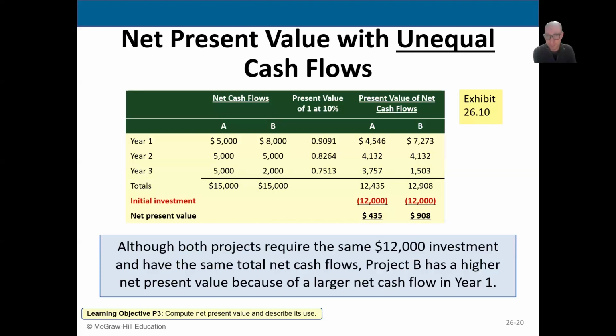Add them all up. Subtract the total from the initial investment to find the net present value. In this example, it would make sense that the company goes with project B because the net present value is higher than it would be in project A. And to mention, year 1 has a greater cash flow.